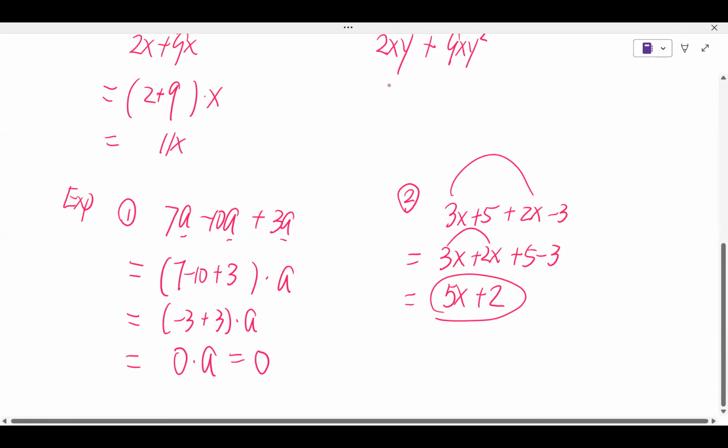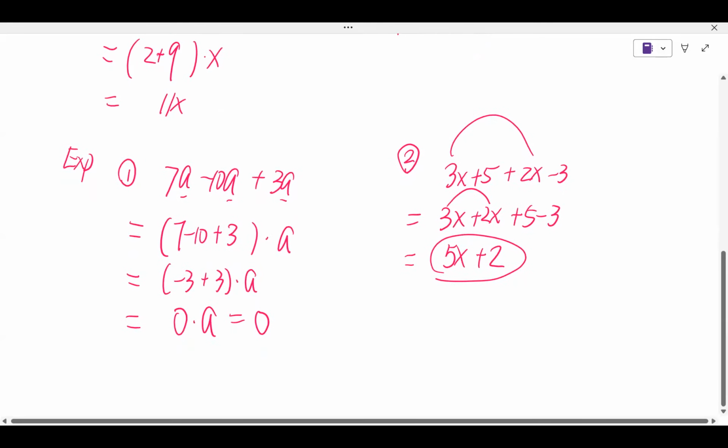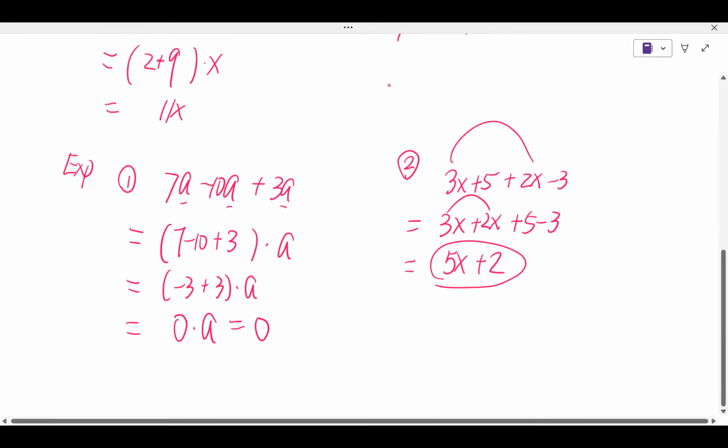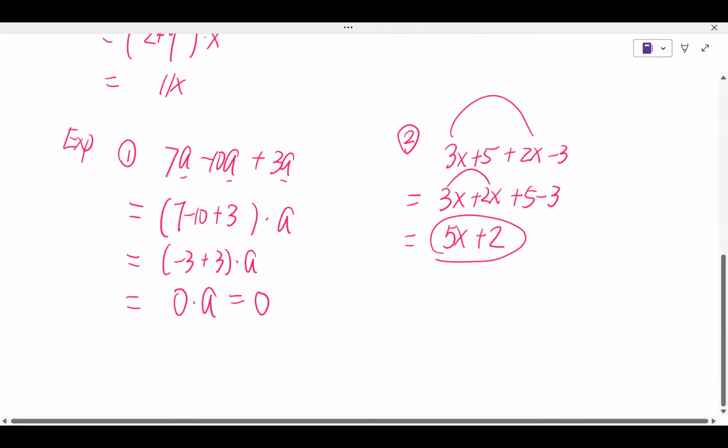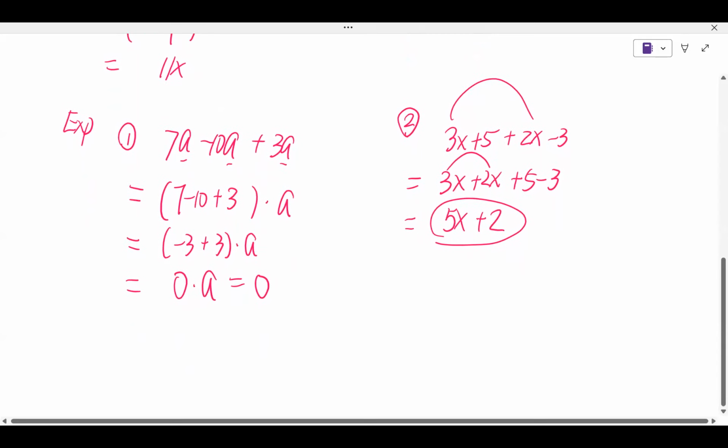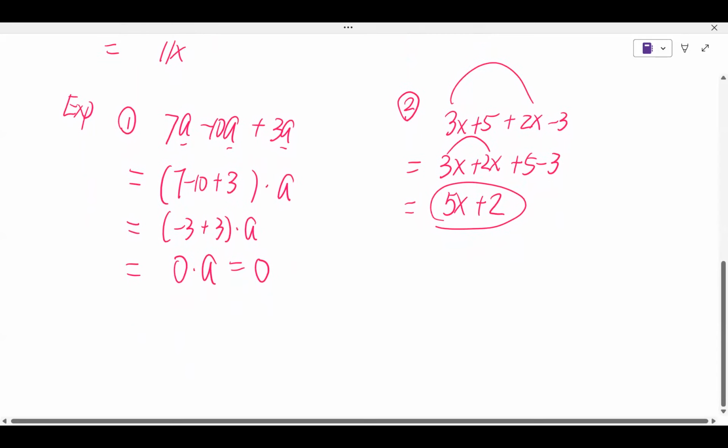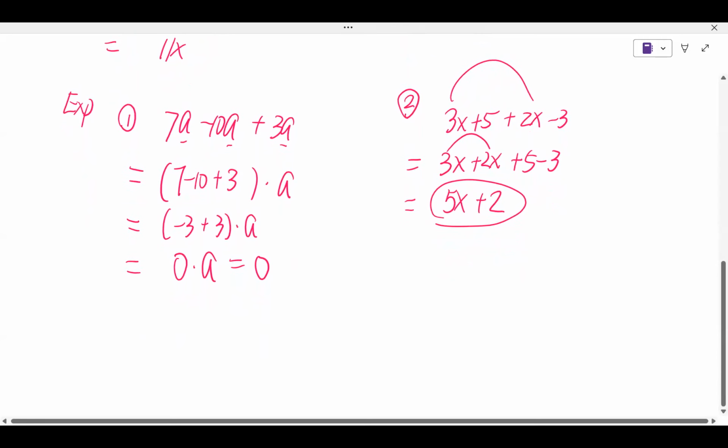So the answer is 5x plus 2. Basically you can switch the neighbors if that brings convenience to the calculation. Any questions so far?